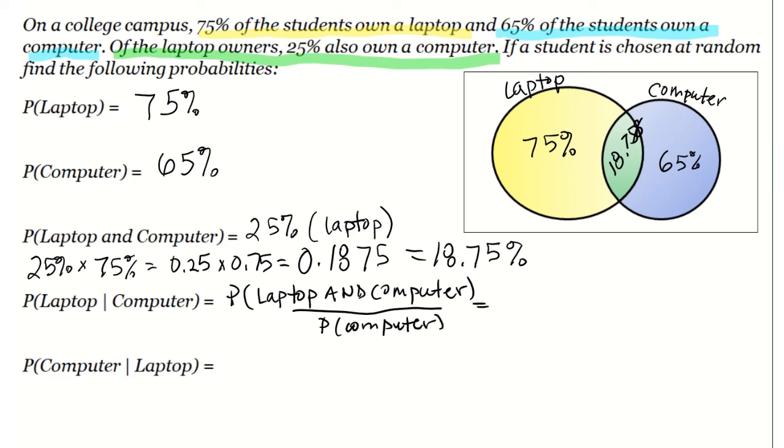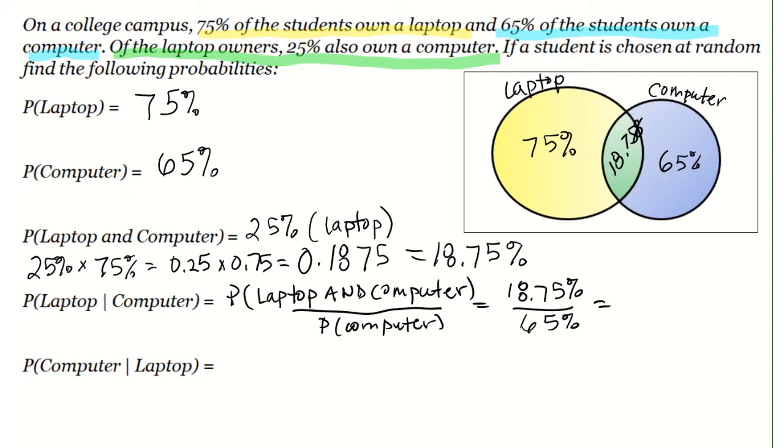So that's going to be the intersection of the laptop and the computer, and that is 18.75% divided by the probability of the computer, which is 65%.